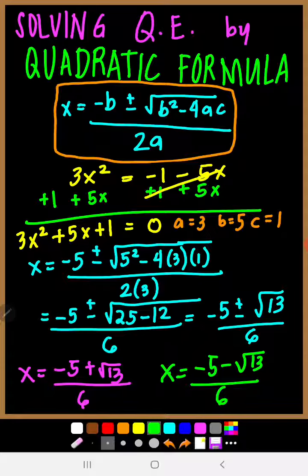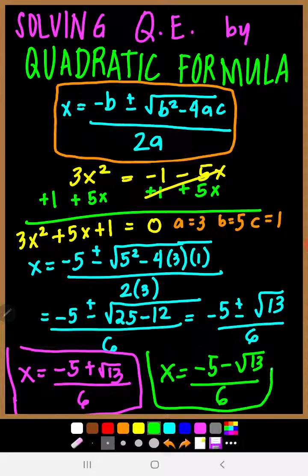This is now the final answer, since 13 is not a perfect square and you cannot simplify the square root of 13. So the two values of x, or the two solutions, the two roots of the quadratic equation, are x equals negative 5 plus the square root of 13 over 6, and x equals negative 5 minus the square root of 13 over 6.